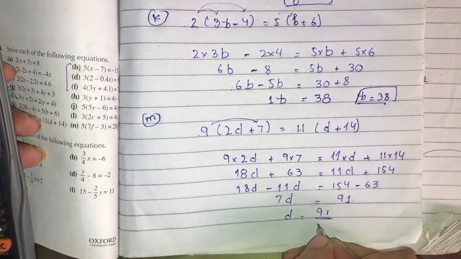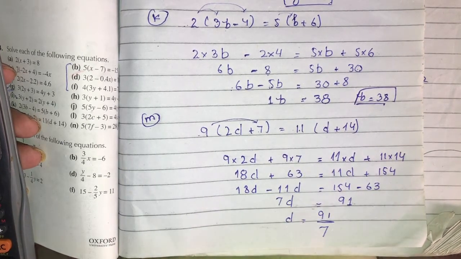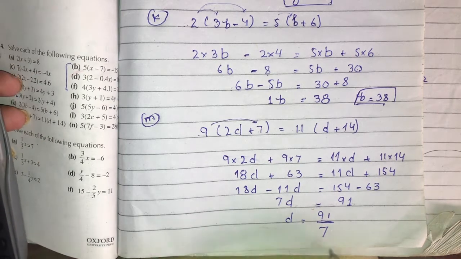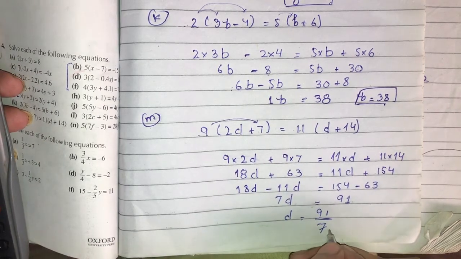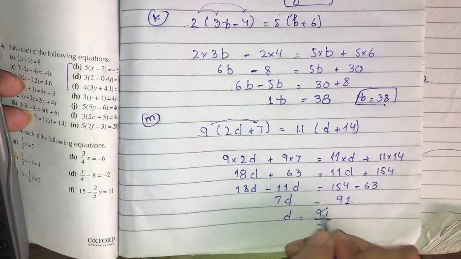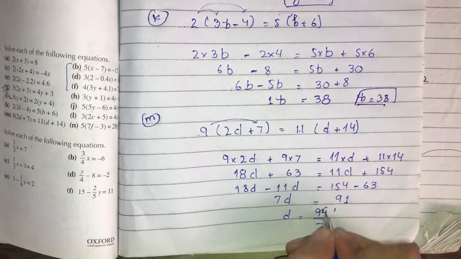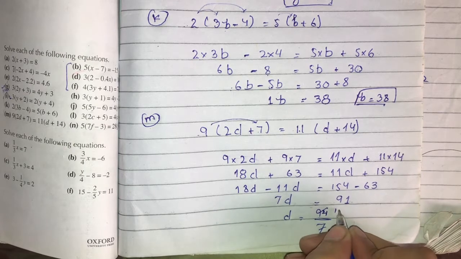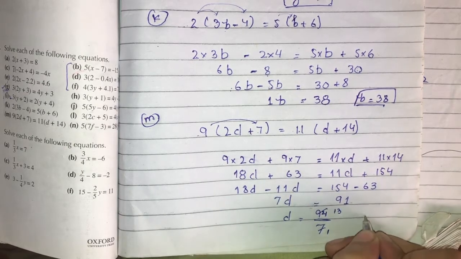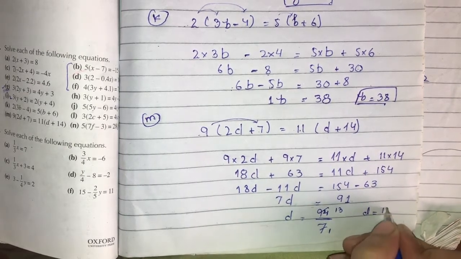When we shift to the other side, it will be divide. Okay, now it will be cancelled. 7 1 the 7, 7 1 the 7, 2 is carry, there is 21, 7 3 the 21, so the answer of d is 30.